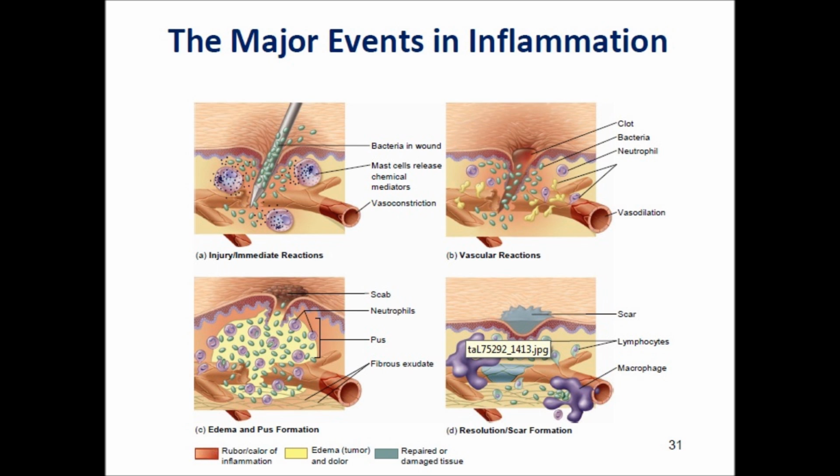So usually you have some first responders, and these mast cells usually just release chemicals that signal to other cells to come to this site, and so it opens up. The blood brings these other white blood cells, and then they can take care of the microbes that came in, and then you also have blood clotting.